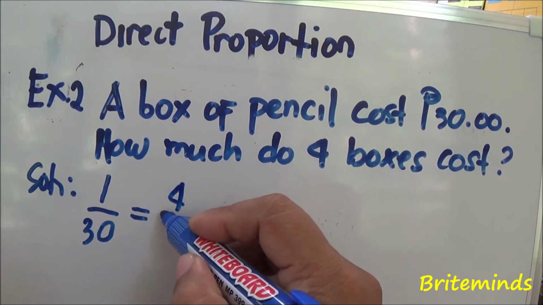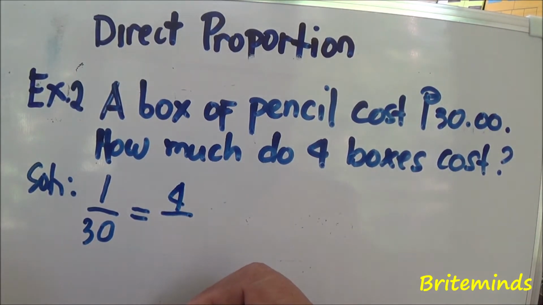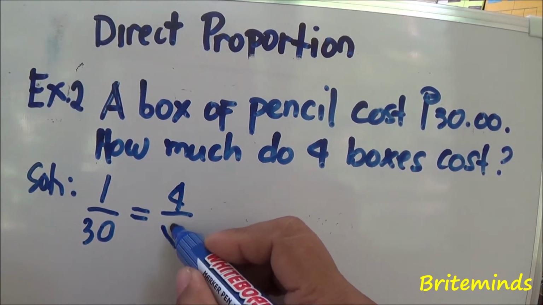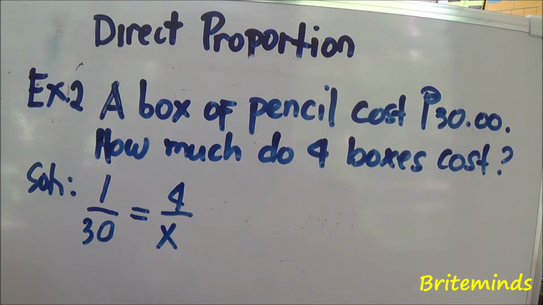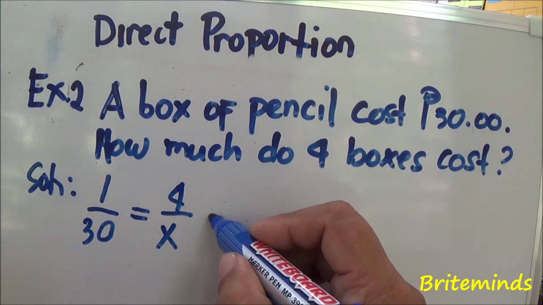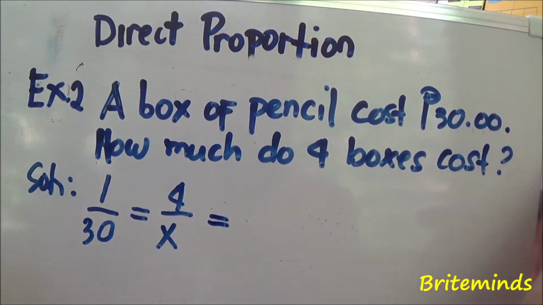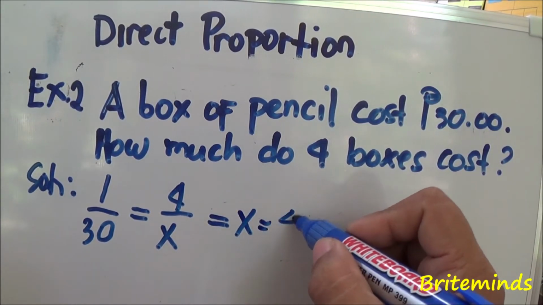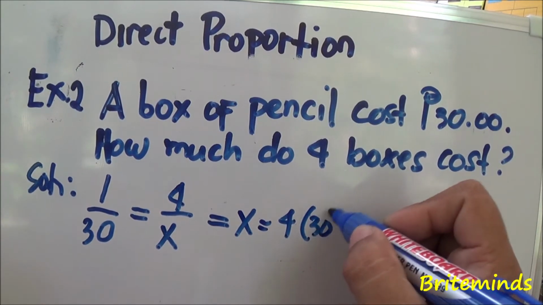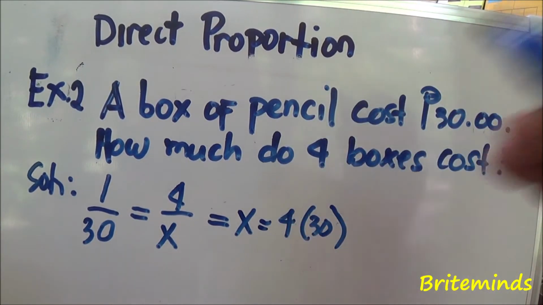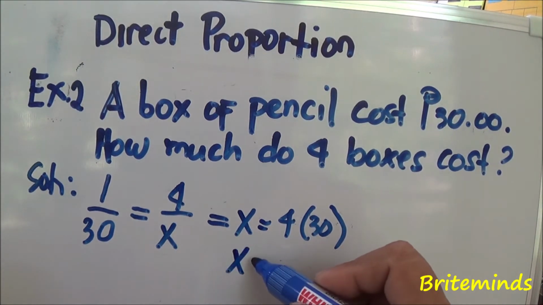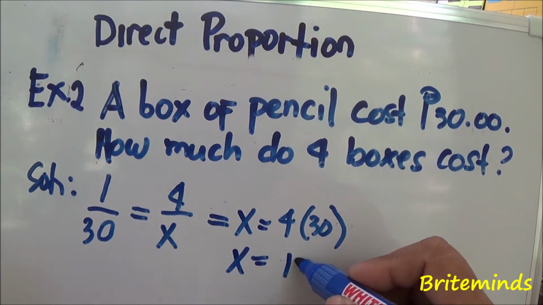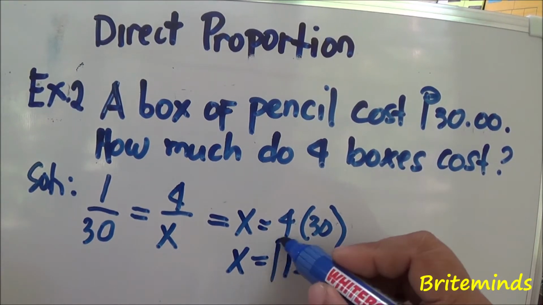So 4 boxes, and then the cost, we represent the cost here as x because we do not know the value of x, and then we simply do cross multiplication. So x equals 4 times 30. The cost will be 4 times 30, which is 120.